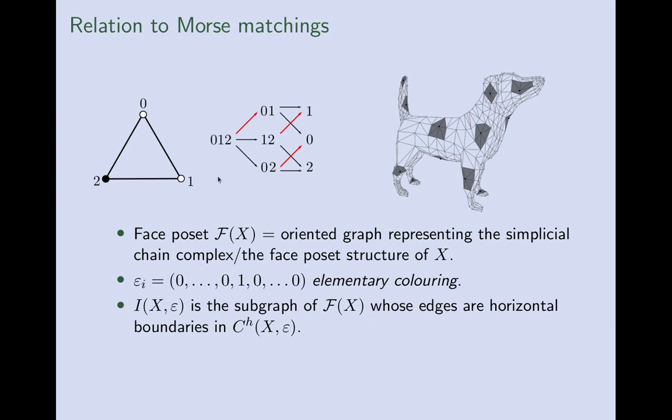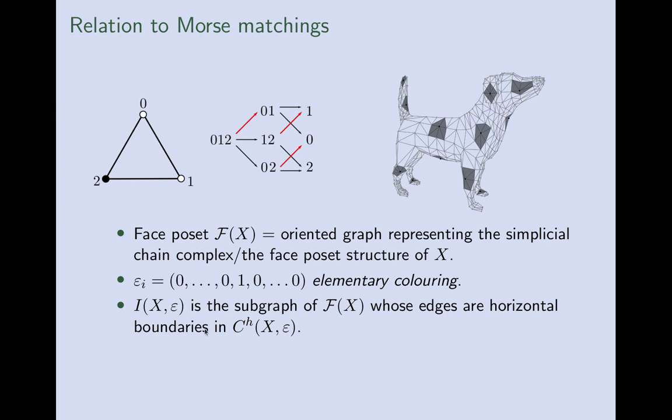First of all, note that the face poset of a simplicial complex can be thought of as a graphical representation of its simplicial chain complex. So the boundary of 0,1,2 is given by 0,1, 1,2, and 0,2, and the boundary of 0,1 is 1 and 0, of course. If you take the homology of this poset, you recover the simplicial homology of X.